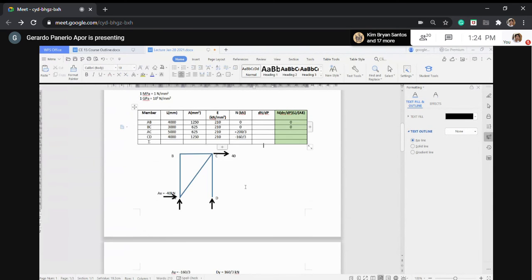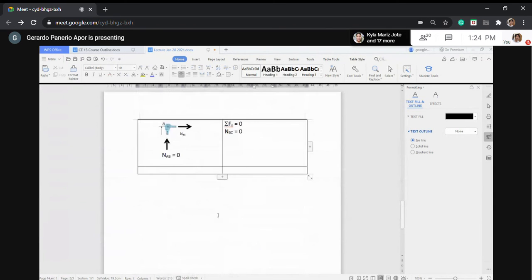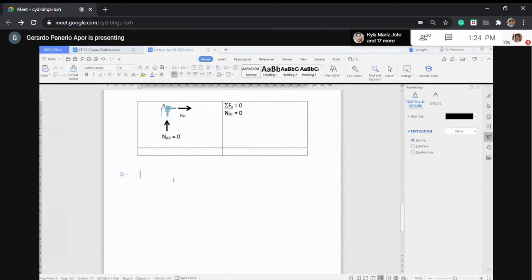Now, what is dN/dP? According to the condition, dN/dP is the derivative of member forces if the load is P.